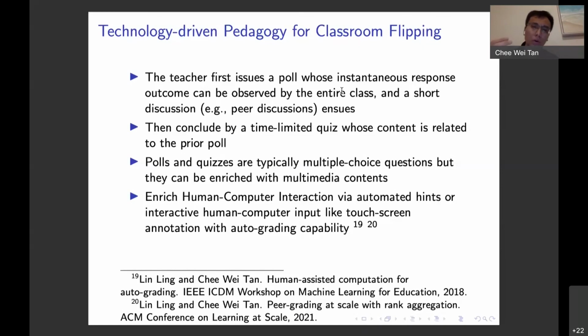The poll provides statistical feedback, like histograms of what students have chosen. The quiz is related to that poll in some sense, so that students are not going to see this as a pop quiz. We want to sell this as a low-stakes assessment, telling them, hey, participate along, so that we can know how you are following and how you're performing.